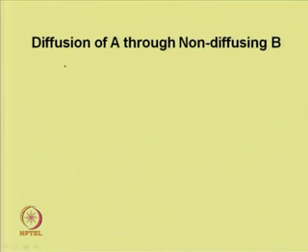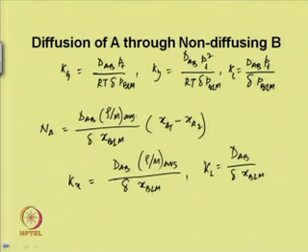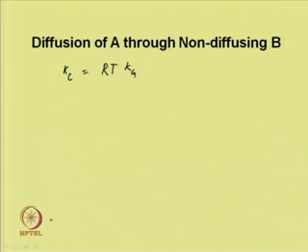We can relate among the mass transfer coefficients. We can write Kc is RT Kg. From this we can clearly see that DAB Pt by delta PBLM is Kc, so Kc is equal to RT Kg.